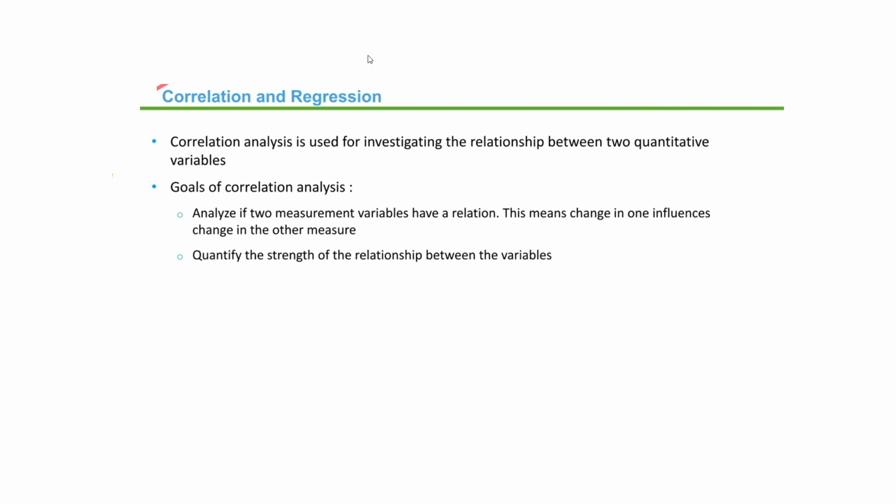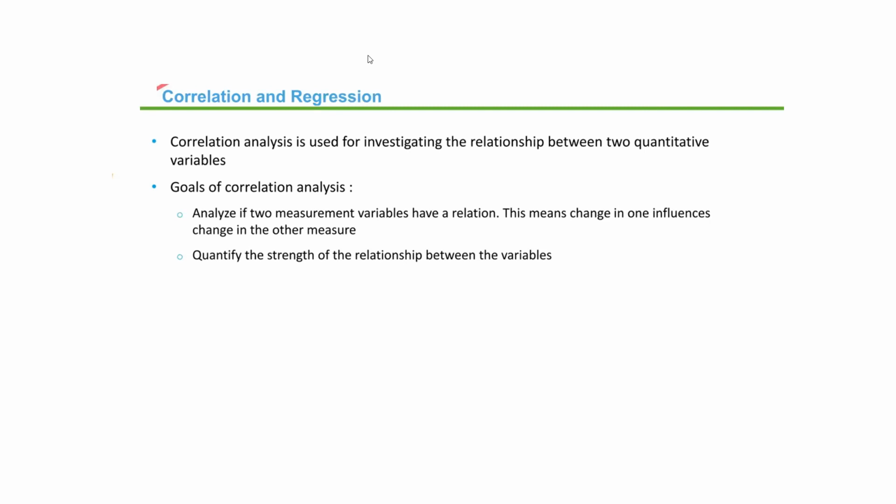As a result, sales is increasing. But if the temperature is low, it is cold, people are not coming out of their houses. If they want tea and coffee, they're making it at home. As a result, no sales are happening, or in other words, sales is decreasing. When the temperature is increasing, sales is increasing. When the temperature is decreasing, sales is decreasing. That is an example of correlation.